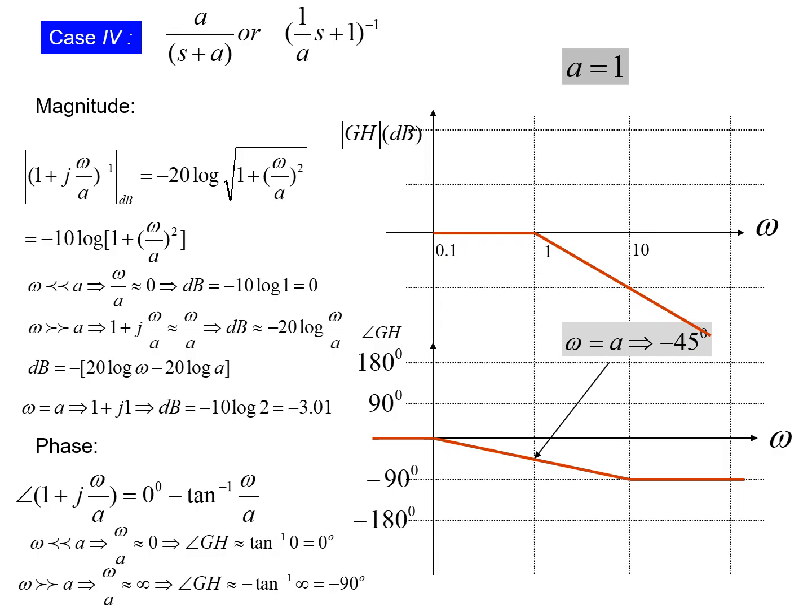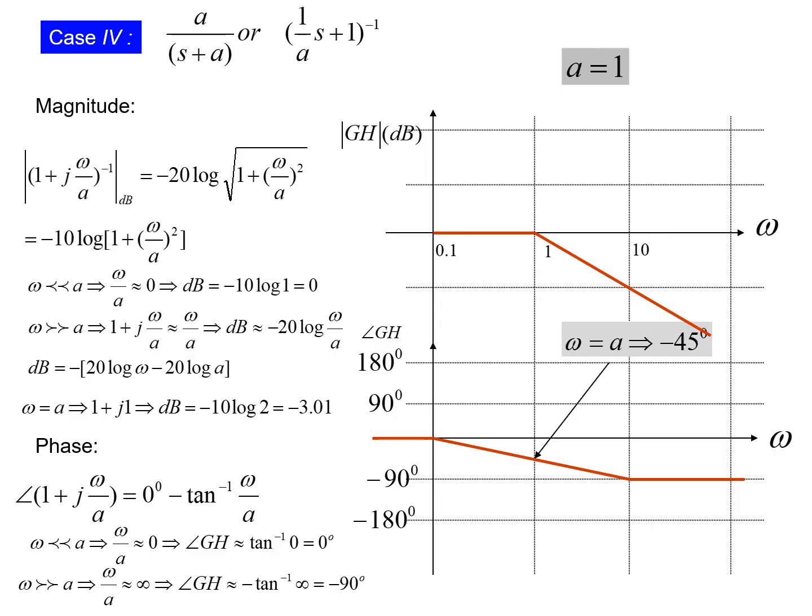Then this is for the phase angle. The phase angle of 1 plus j omega per a is equal to 0 minus tangent inverse of omega per a. If omega is less than a, omega per a is approximately 0, and the angle of GH is equal to tangent inverse 0, which is 0 degrees. This is 0 degrees.